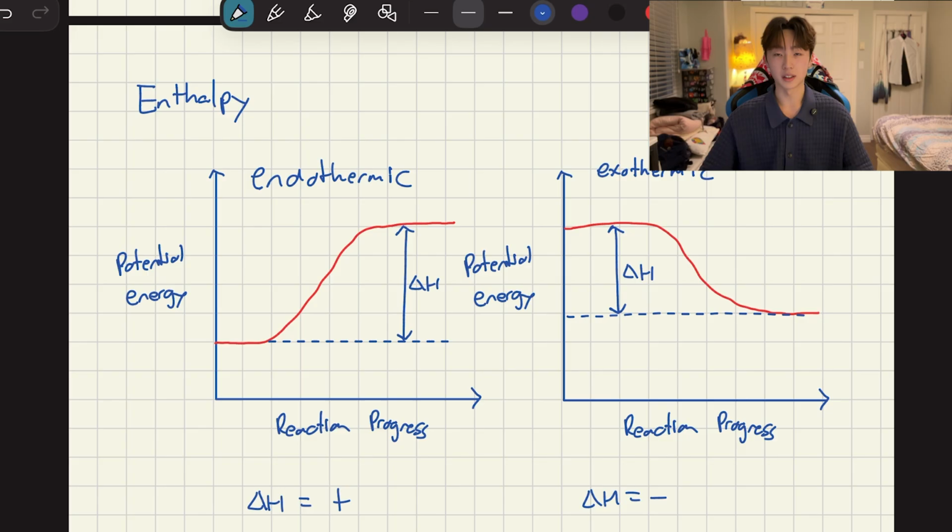Those are usually the spontaneous ones. In other words, there's a tendency or a drive for reactants to achieve a lower enthalpy, which is why exothermic reactions are favored, because they go to a lower enthalpy. Their delta H is negative.